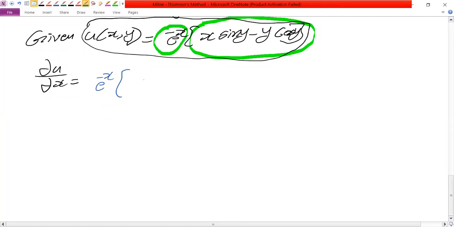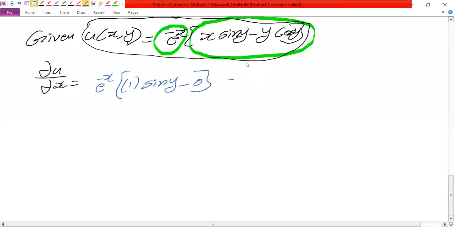Sin y is constant, the differentiation of x with respect to x is 1, minus the differentiation of y cos y with respect to x, partially 0.